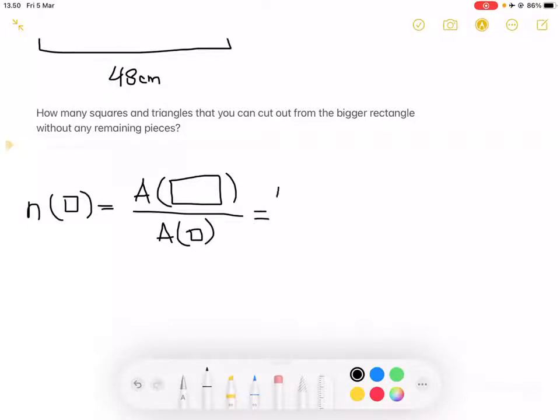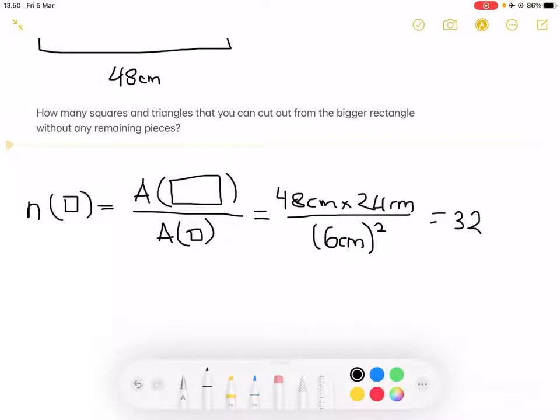So the area of the rectangle will be 48 centimeters times 24 centimeters, while the area of the square will be 6 centimeters squared. And you'll get 32. So therefore you can cut 32 squares with side lengths 6 centimeters from this bigger rectangle. So that's basically it.